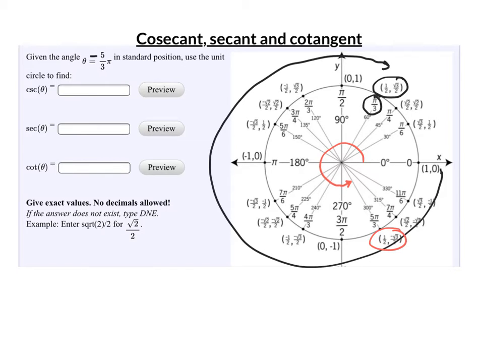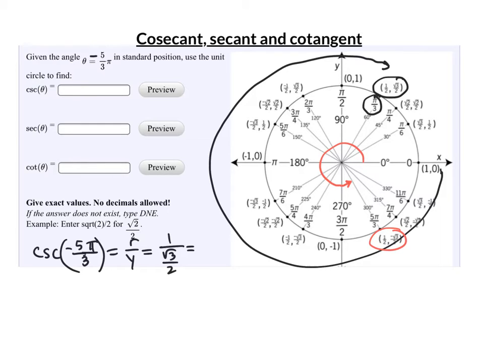So let's give this a shot. The cosecant of negative 5 pi over 3. Cosecant is the reciprocal of sine, so it's r over y. And we know that in the unit circle r is 1, so that's 1 over root 3 over 2.